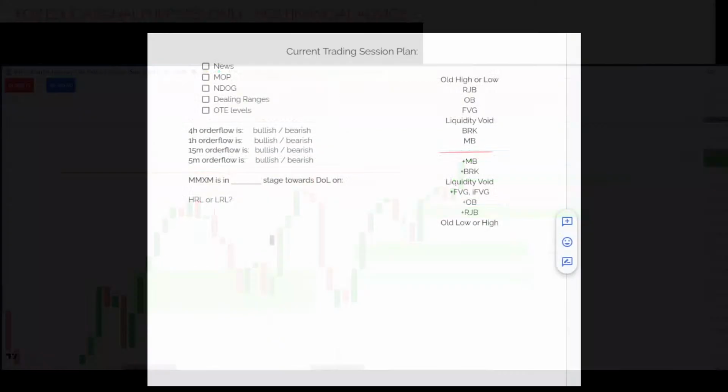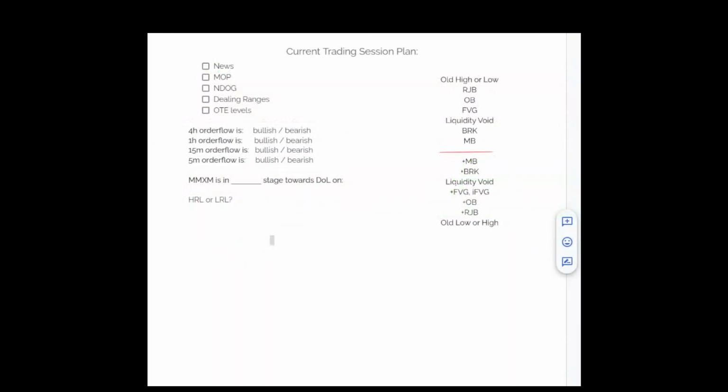Just looking over my trading rules document where I've been marking off definitely old highs and lows. Rejection blocks I have not marked off because I'm not really sure I know what I'm looking for. Order blocks, I think I kind of have an idea of what I'm looking for. We marked off a couple.